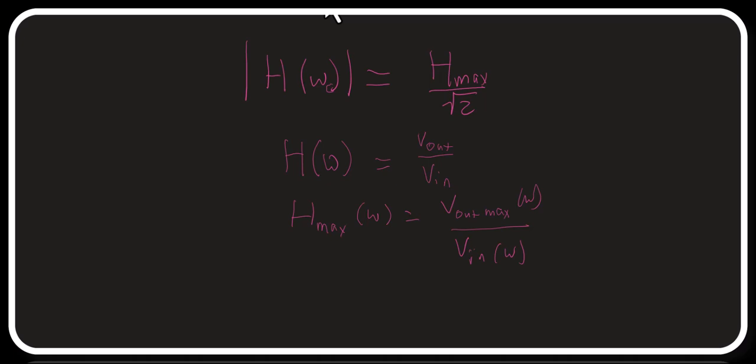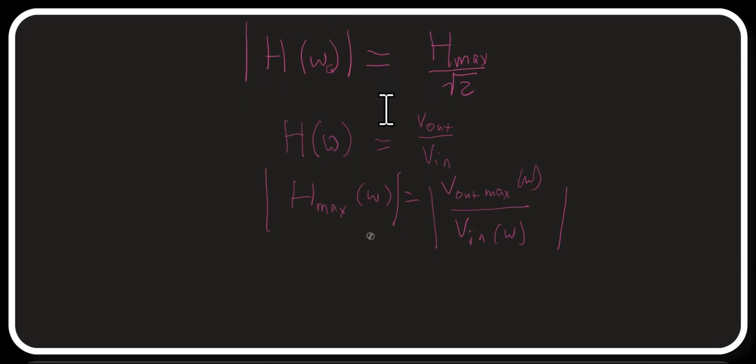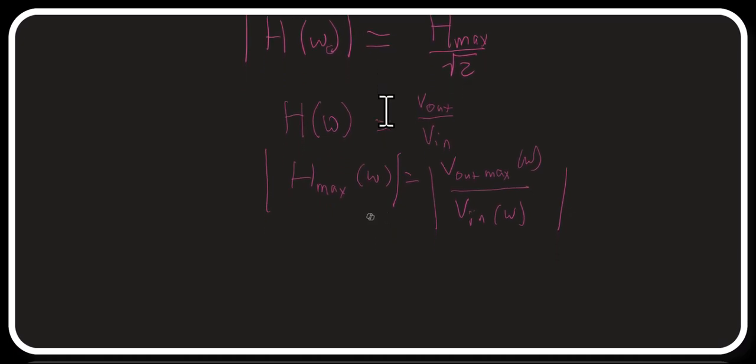Now, when we're talking about maximum, we have to be talking about the magnitude, so we can have all of these be magnitudes. Now, we just said that h max over the square root of 2 is what we define at the corner frequency.